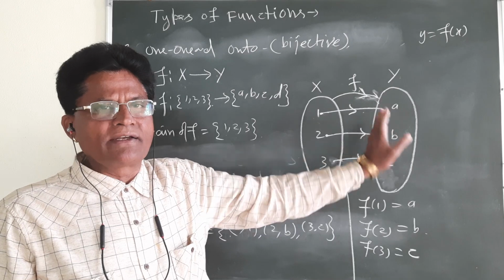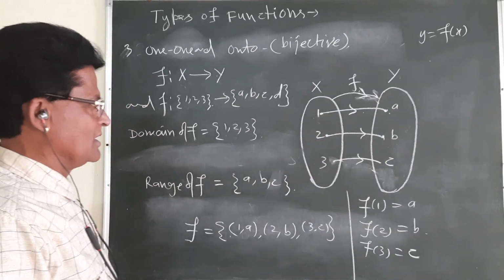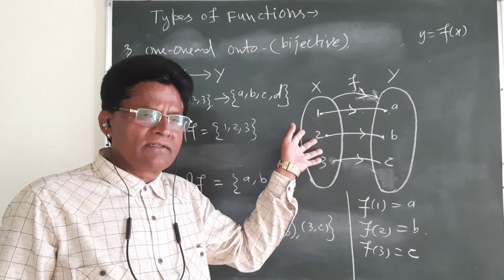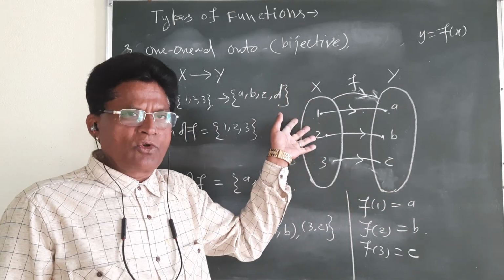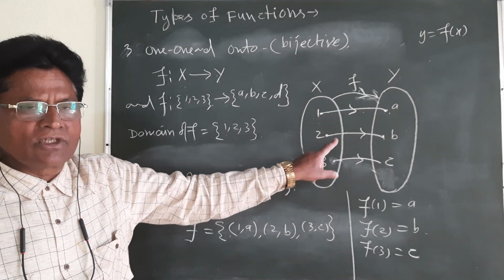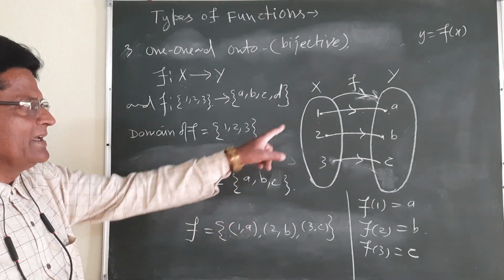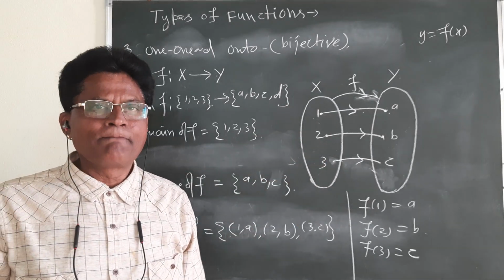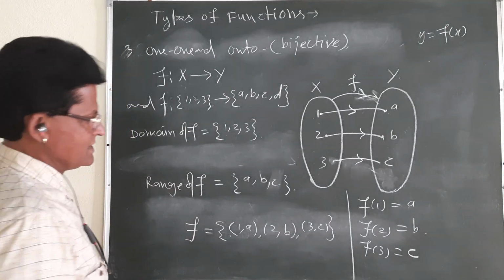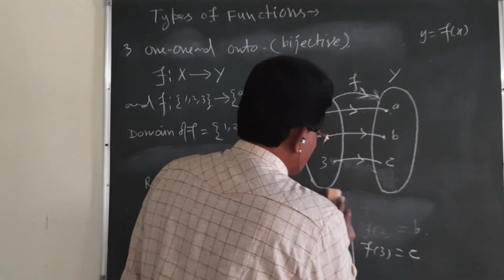Same thing, onto function: each and every element of y has an image with some element of x. This function is 1, 1 as well as onto function. That is why this is the bijective function.